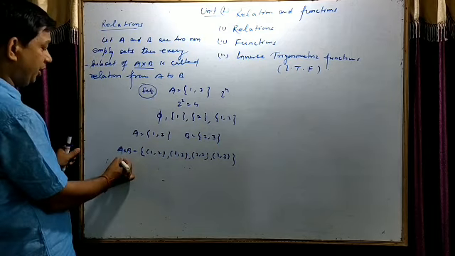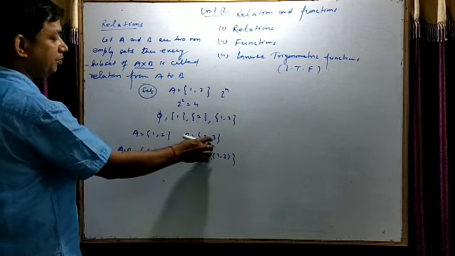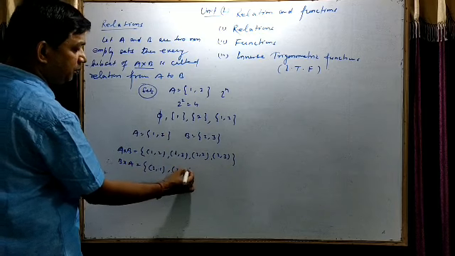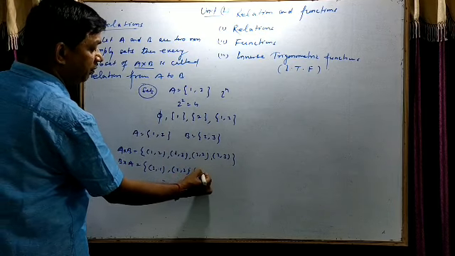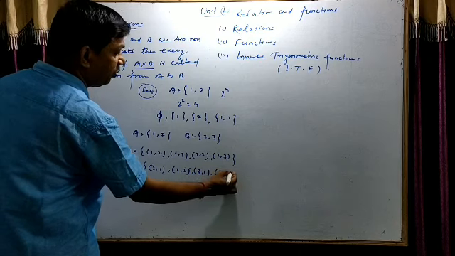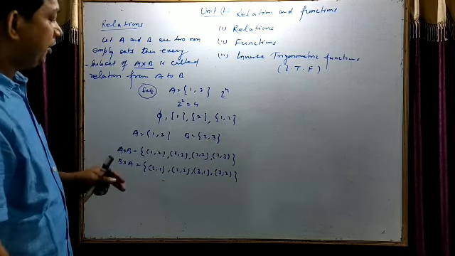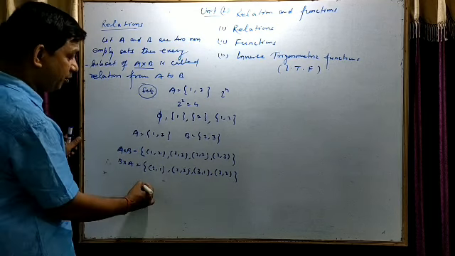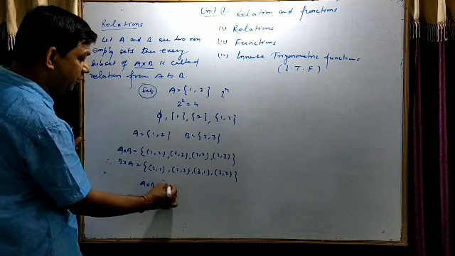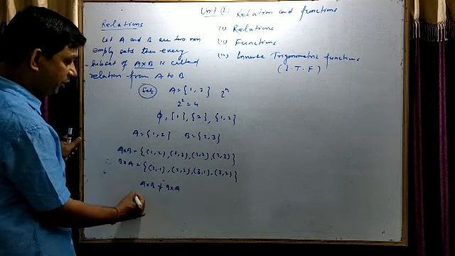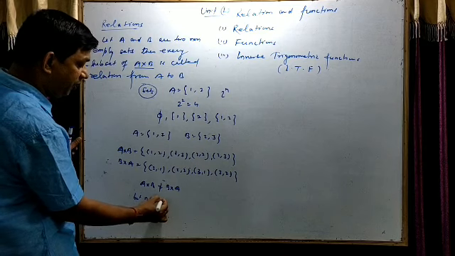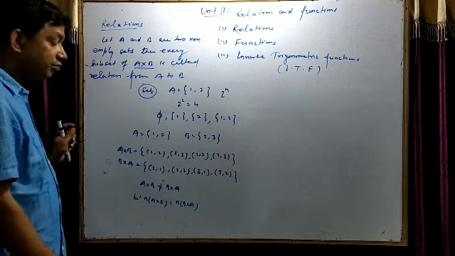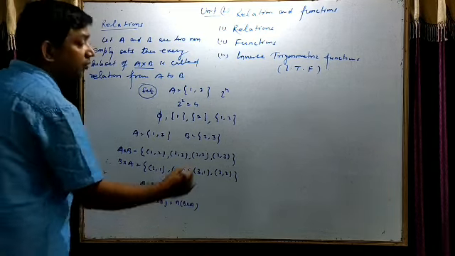And when we take B cross A, then it is (2, 1), (2, 2), (3, 1), (3, 2). So A cross B and B cross A have the same cardinal number, meaning the number of elements present in both sets is the same, but A cross B is never equal to B cross A. The number of elements of A cross B is equal to the number of elements of B cross A. And one formula is also there.